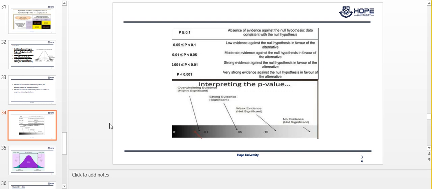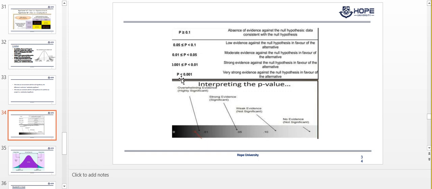If we have 0.05, 0.04, 0.03, 0.02, sorry, 0.04, 0.05, 0.06, up to 0.10, that is low evidence, while 0.01 less than or equal to the p-value, or less than 0.05, is moderate evidence. 0.001 up to less than or equal to the p-value, sorry, and 0.01 is strong evidence against our null hypothesis.